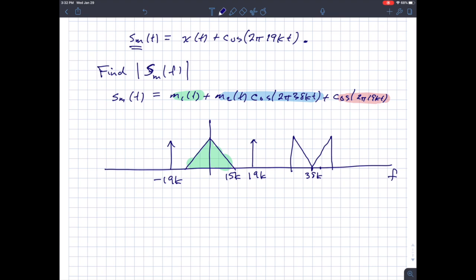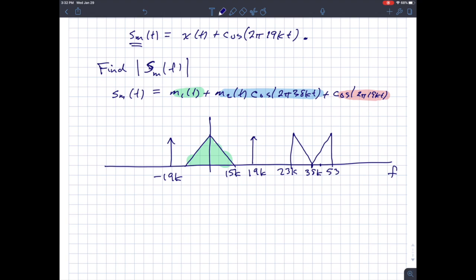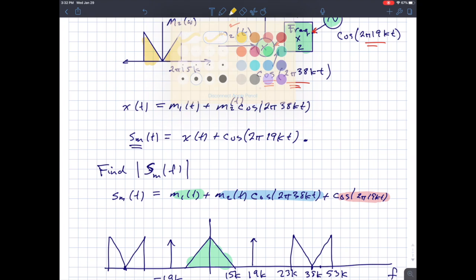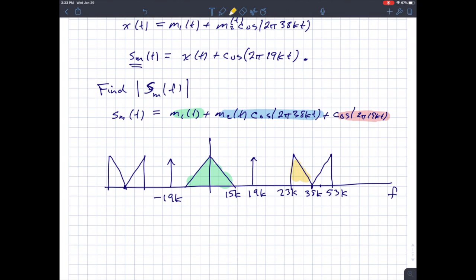So 38 minus 15 would give me 23K, and 38 plus 15 would give me 53K hertz. I'd have that both plus and minus, because a modulated signal gets sent forward in frequency and backwards in frequency. So there is my shape for M2.